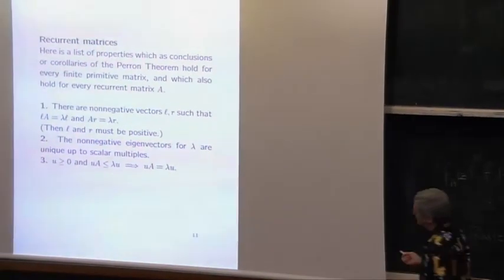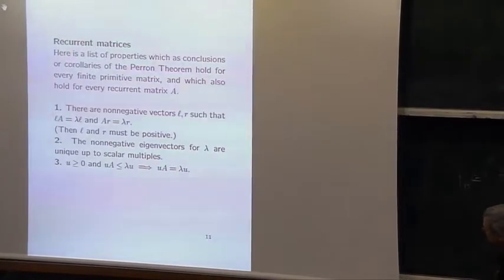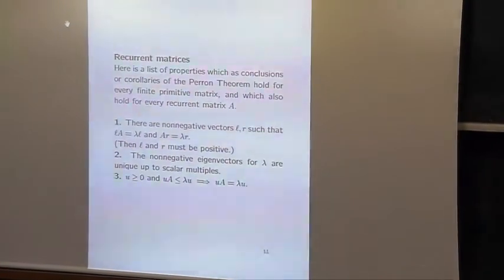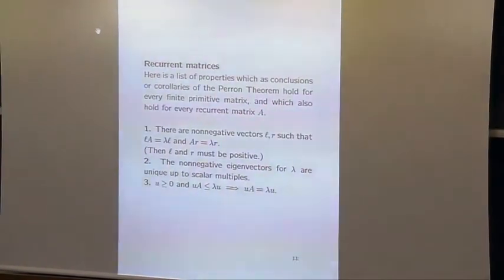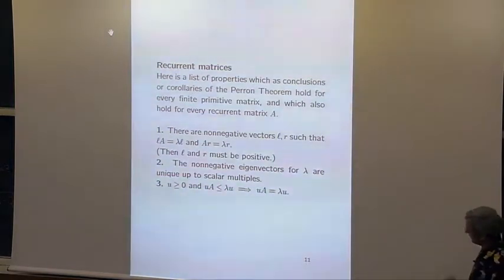And these are non-negative eigenvectors for the Perron value lambda. These vectors, being eigenvectors for the irreducible period 1 matrix, must be positive vectors. So that's the very first step, and that's there.